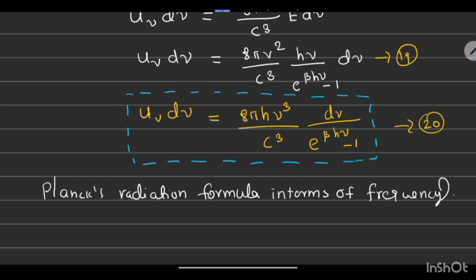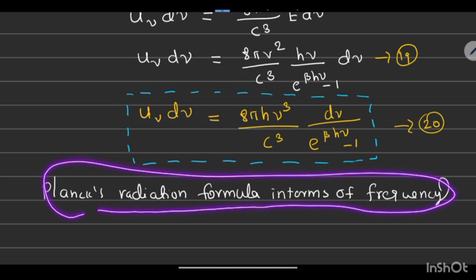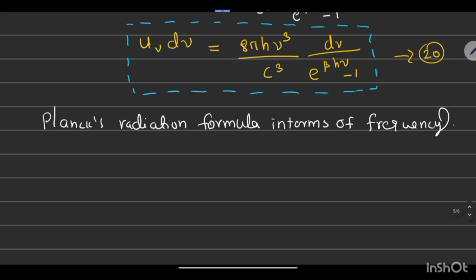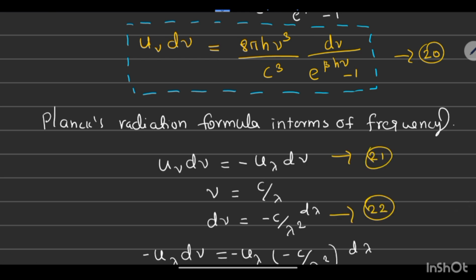So this is called the blackbody radiation formula in terms of frequency, and the same can be obtained in terms of wavelength by using this conversion.